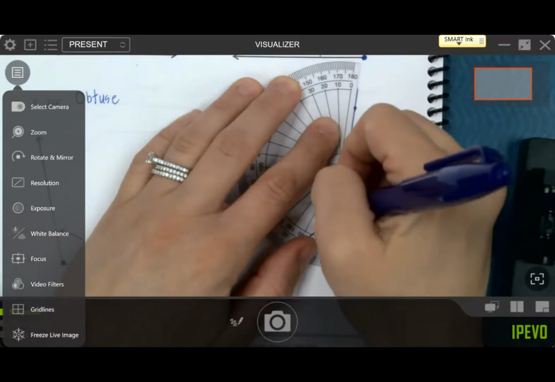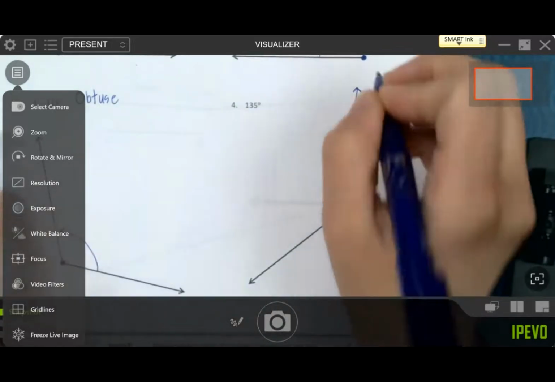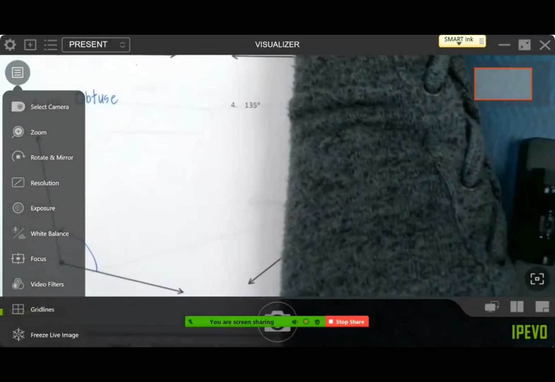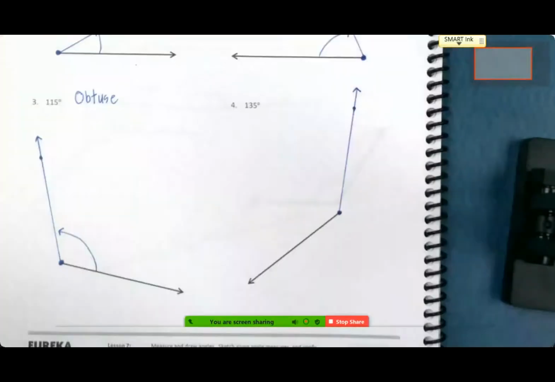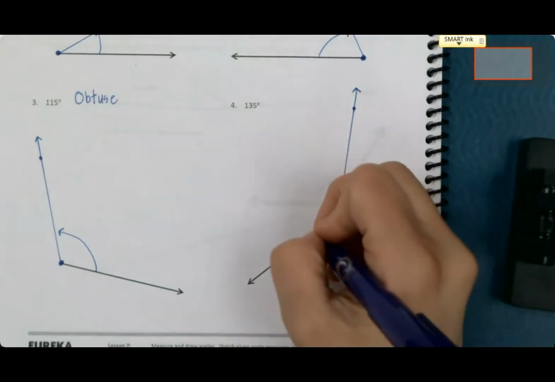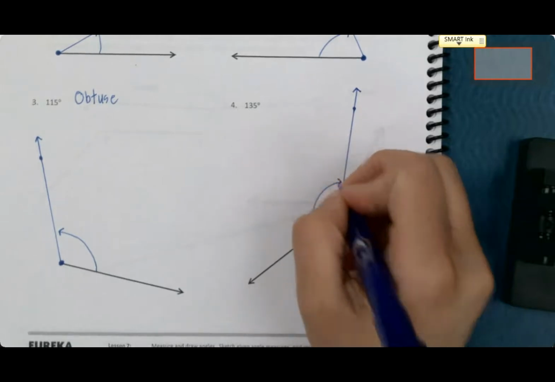I'm going to create a ray. Now what do I do? I forgot what it was called already. Look back in the directions. The arc. Now we measured from here to here. So that's how we'll draw our arc.